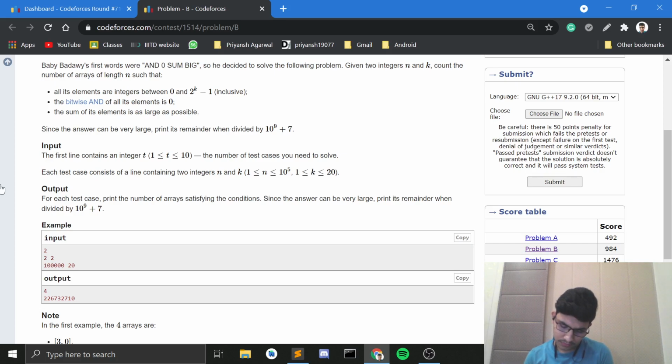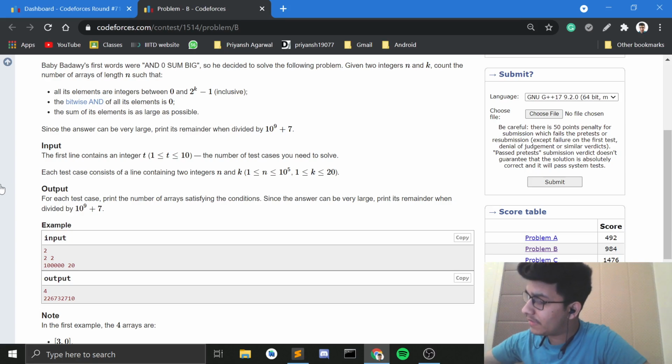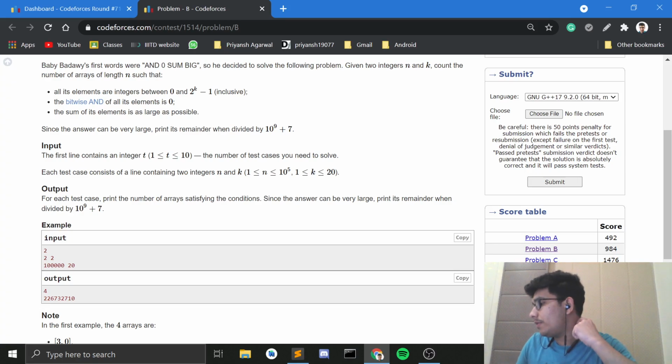So for the first n minus 1 numbers, I can take 2 to the power k minus 1 itself, right? And for the last number, I can just take 2 to the power k minus 1 minus 1, because then one of the bits will not be set.